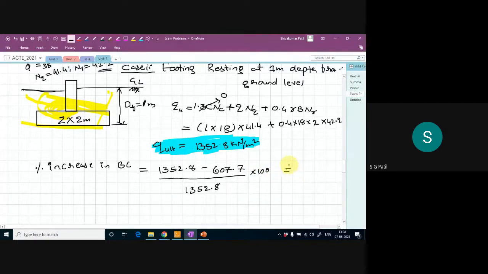So you are getting around 55%, right? Very good. Just by giving 1 meter depth to your foundation, you are almost doubling your bearing capacity. As you increase the depth, obviously bearing capacity will increase.